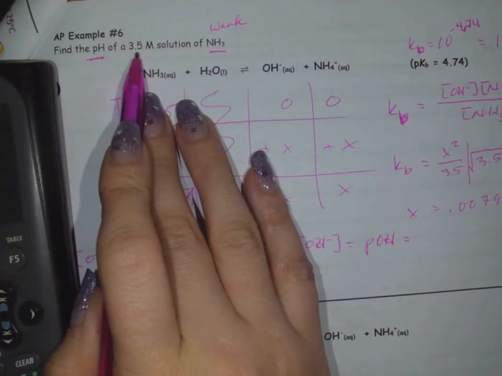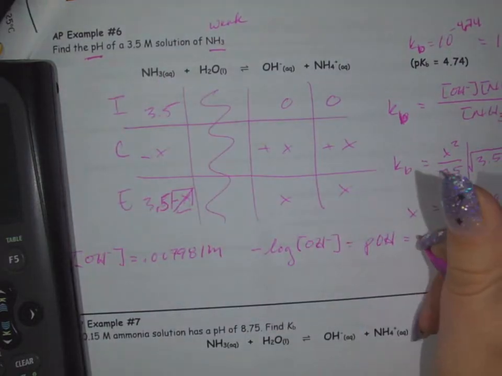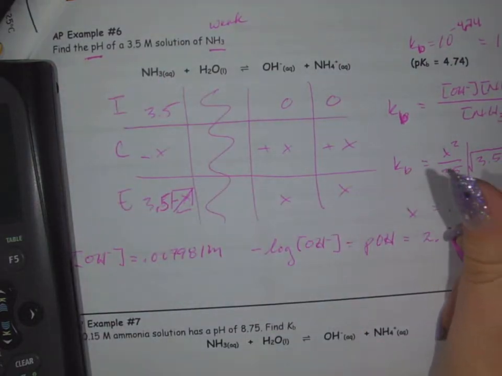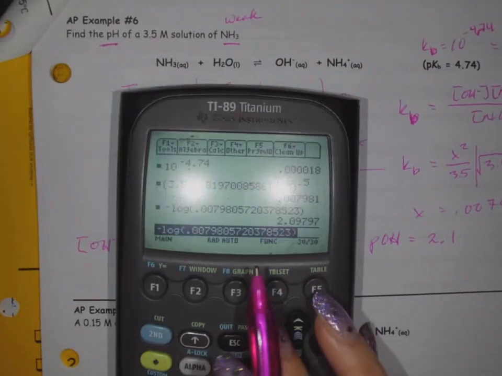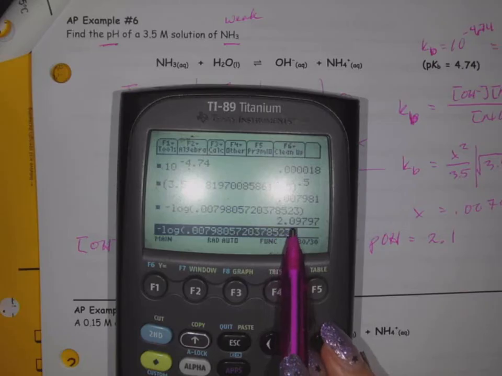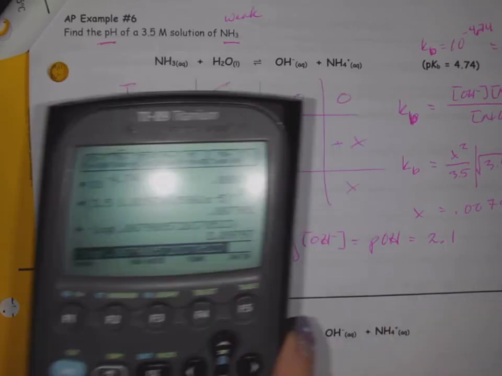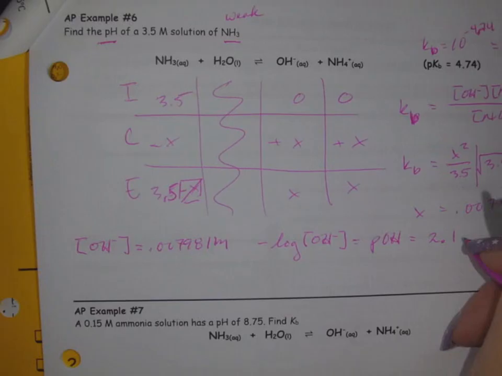Again, we were dealing with 2 sig figs. I get 2.097, but I want 2 sig figs, so I want the 0 and the 9, but the 7 causes it to round up, so the 9 rounds up, so it's 2.10.